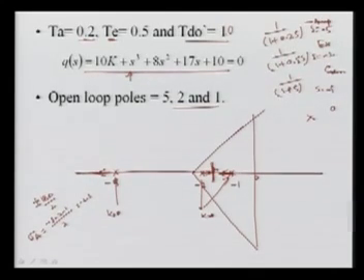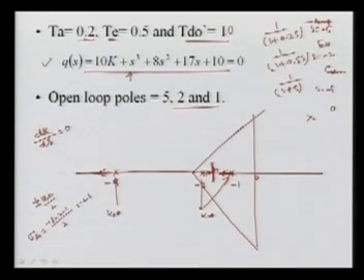Now what will be the point where it will leave this real axis? That is basically decided by taking dK by ds equal to 0. To know this, we just differentiate this characteristic equation and then we will get the value.